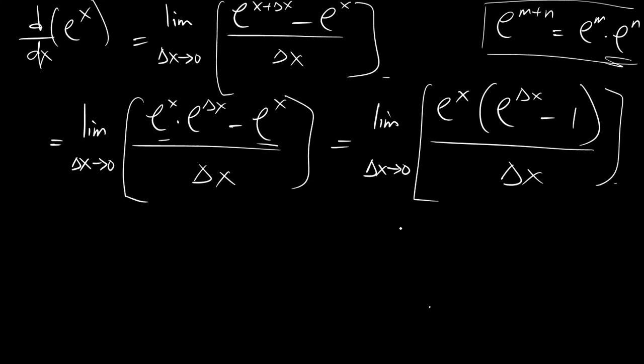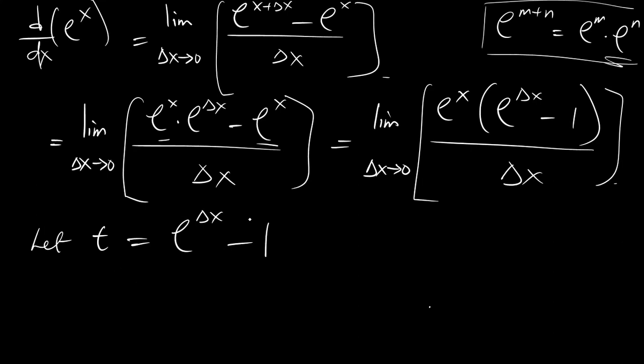Now, let's do a change of variable. Let me say let t be equal to e to power delta x minus 1.